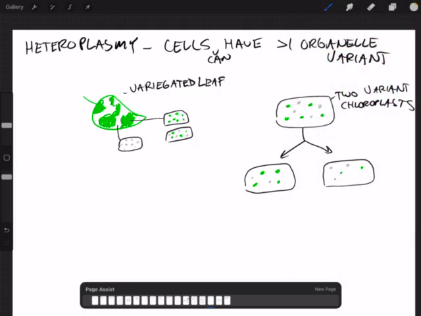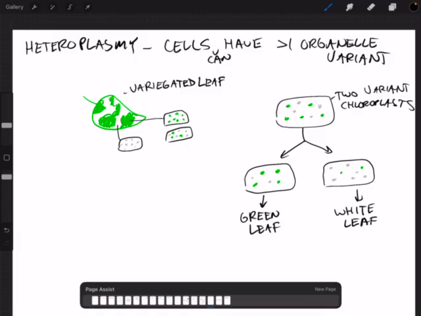And one daughter cell could end up randomly with more light chloroplasts and fewer green chloroplasts. Right? Depending on the random positioning of those chloroplasts as the cell is dividing, you can end up with a daughter cell that has more green or a daughter cell that has more white. And this can then happen over and over again, giving you chloroplasts that are mostly green or chloroplasts that are mostly white.